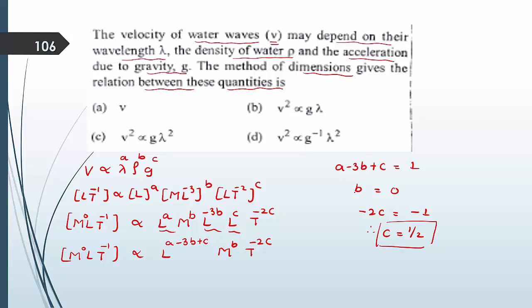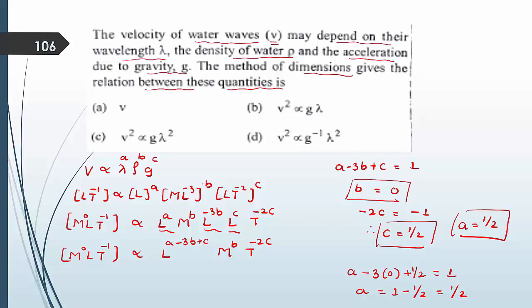We got c value and b value. Substitute in a. We will get a minus 3 into b, which is 0, plus 1 by 2, is equal to 1. A minus 3 into 0 will be 0, so a is equal to 1 minus 1 by 2. That gives 1 by 2. Therefore, A equal to how much? 1 by 2.